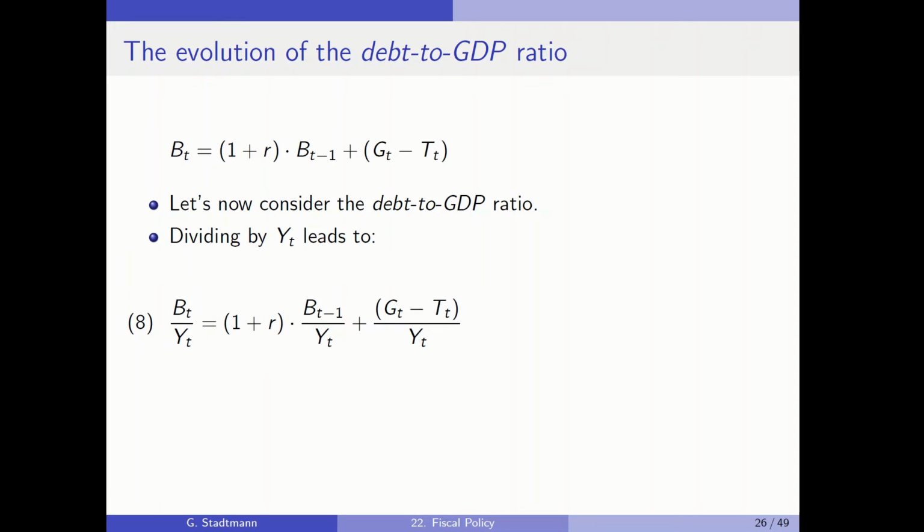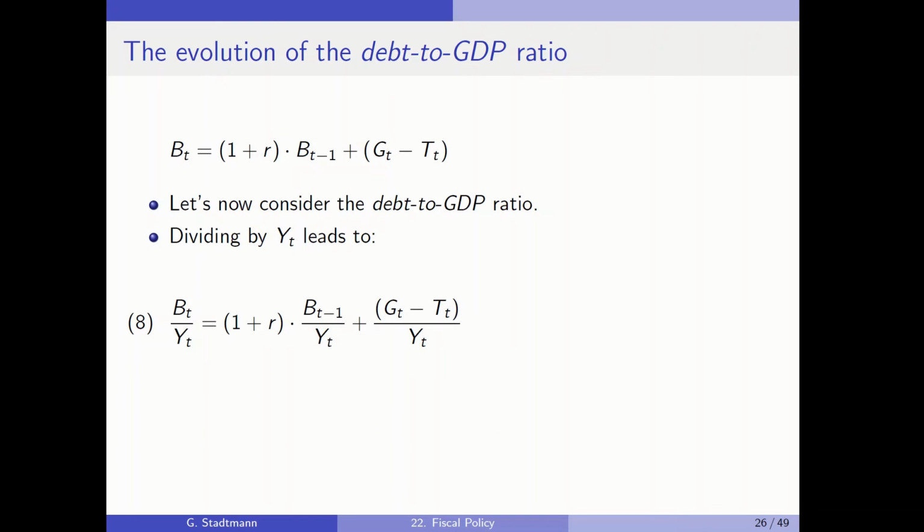So in the first step, we have to divide by Y_t. So we are dividing the first equation by Y_t. So we have a Y_t in the denominator here, a Y_t in the denominator there, and a Y_t in the denominator there.